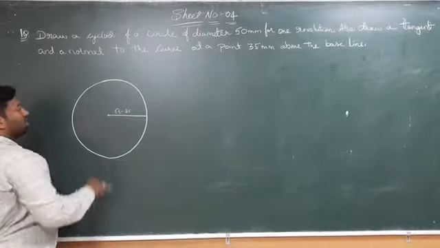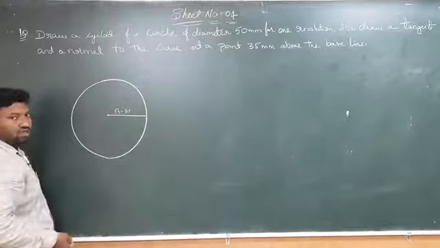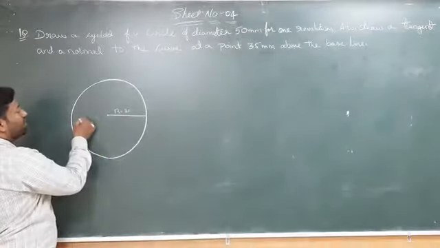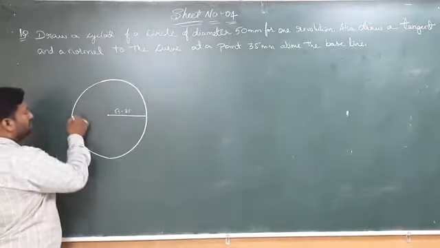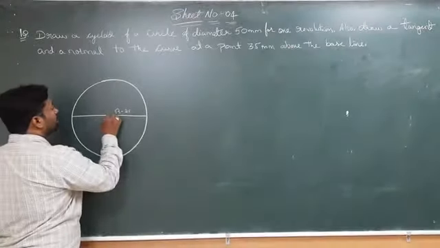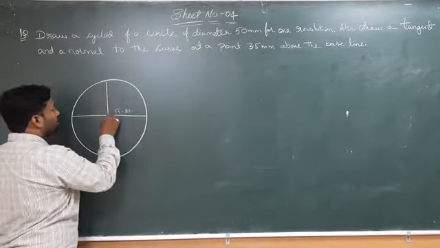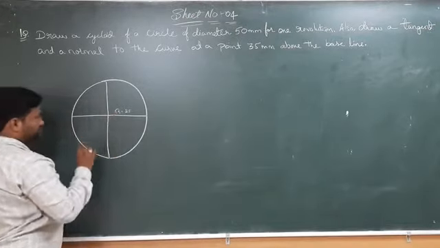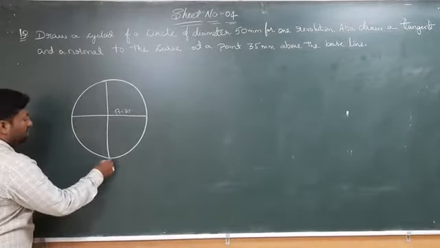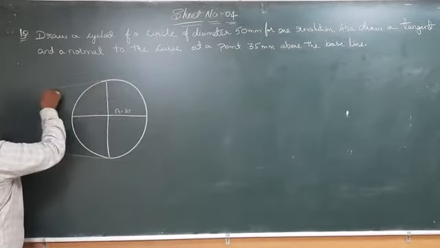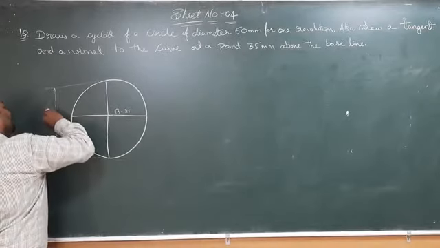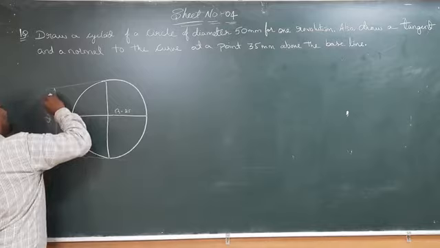After drawing the circle with the help of the compass by maintaining the radius 25 mm, we have to draw one horizontal diameter line and another one, the vertical diameter. Here the diameter of the circle is 50 mm.